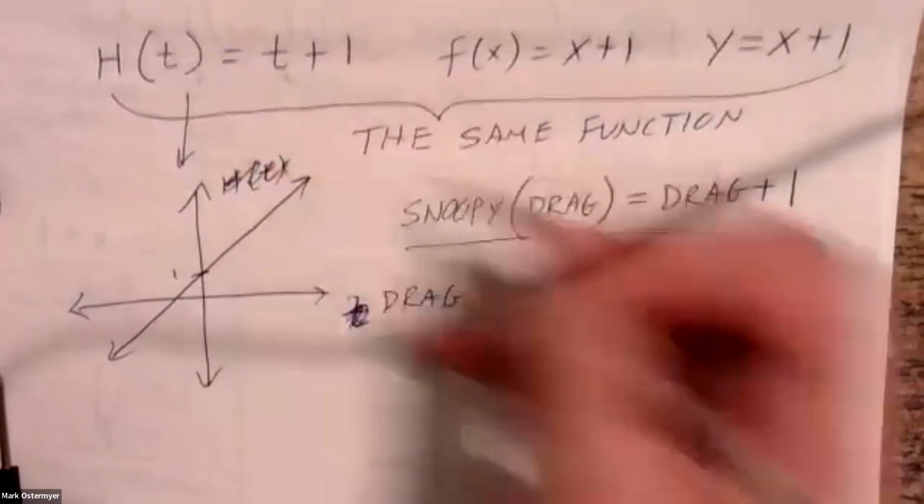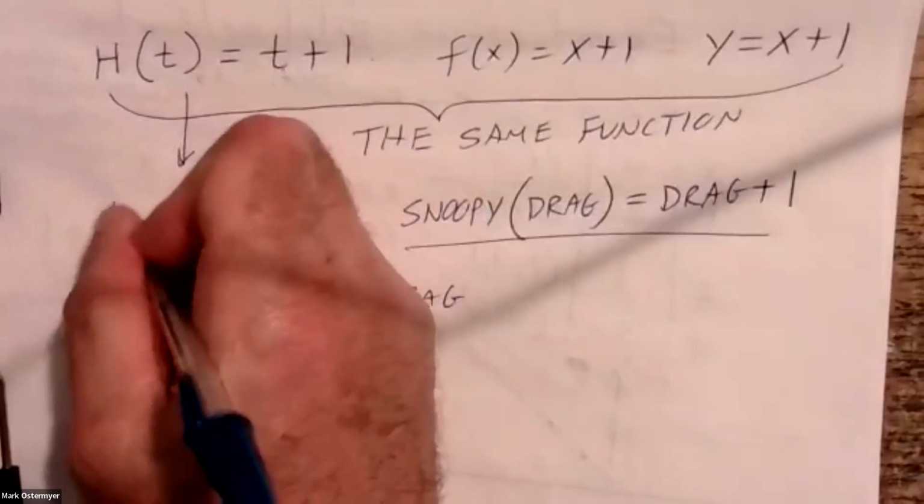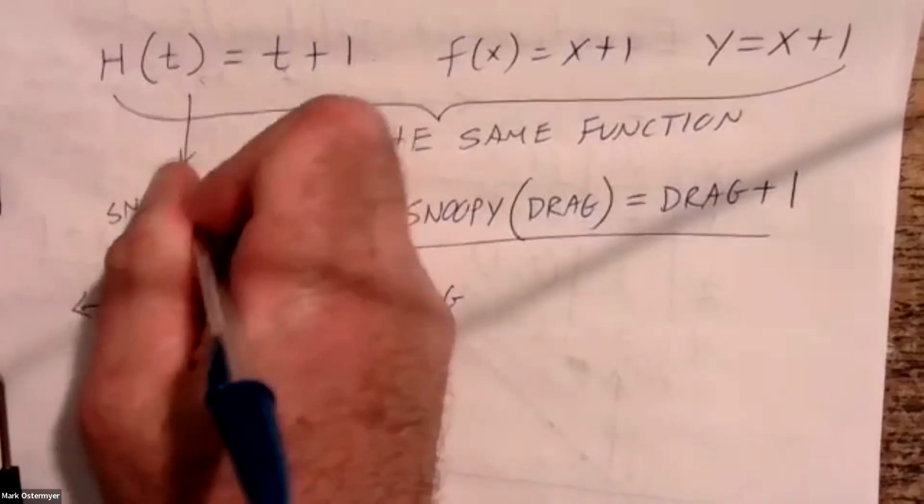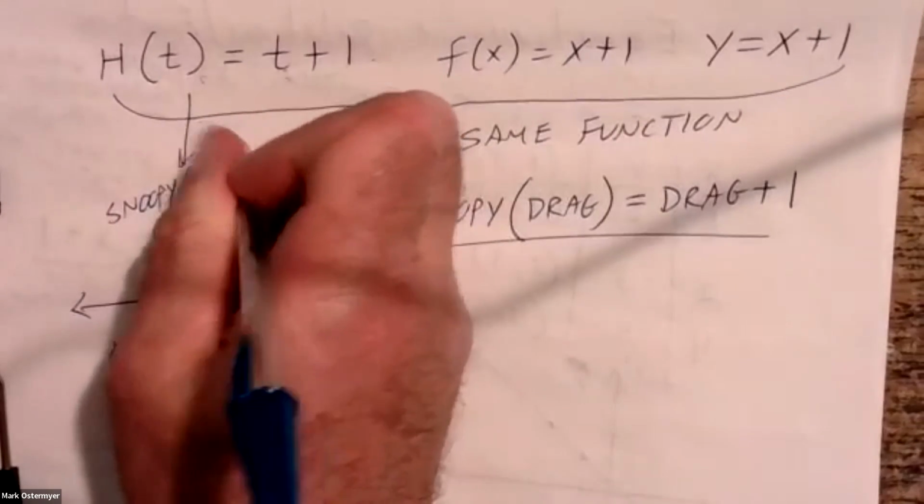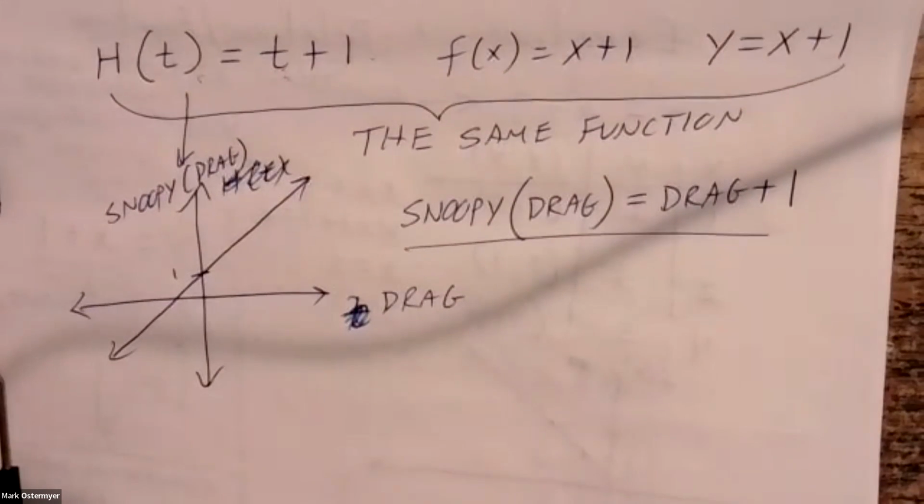And the vertical axis would have to be called the Snoopy of drag axis. No difference. Other than that, the graph is the same. So it does not matter what you call the input and output variable of a function. It's the definition that characterizes what a function is all about, not what you call the input and output variables.